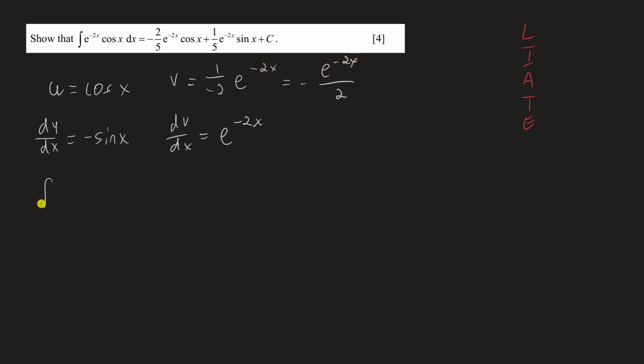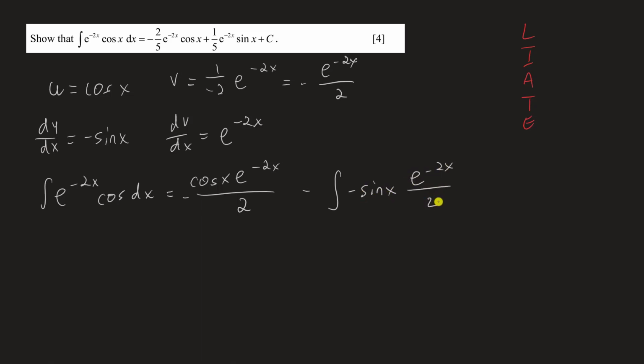So once you've got that, this will be equals to uv minus integrate v du. So we get this negative sine x e power negative 2x over 2 with a negative.